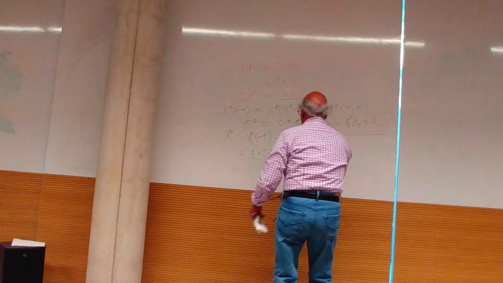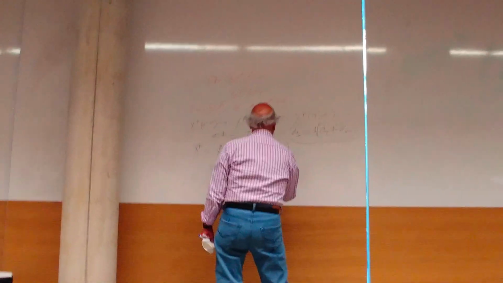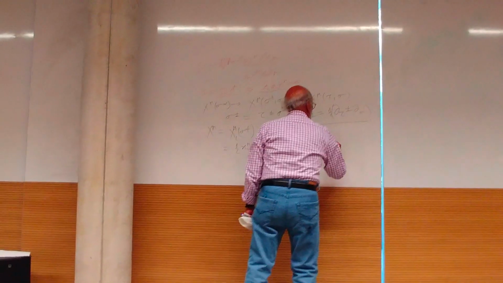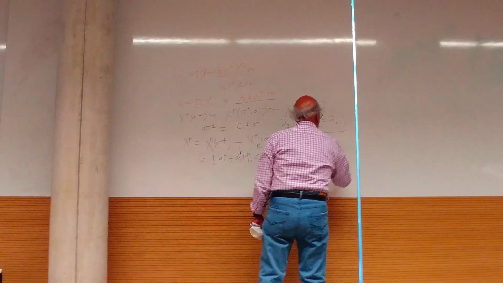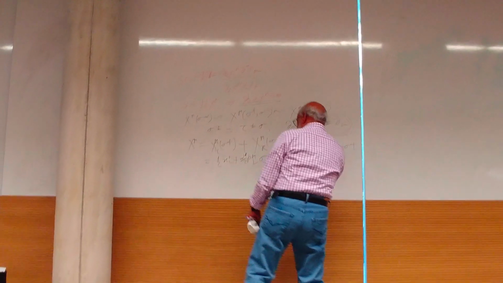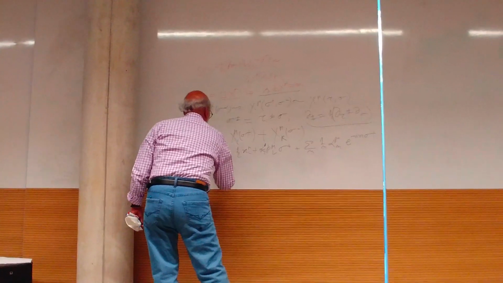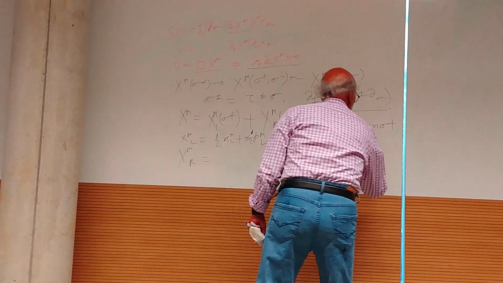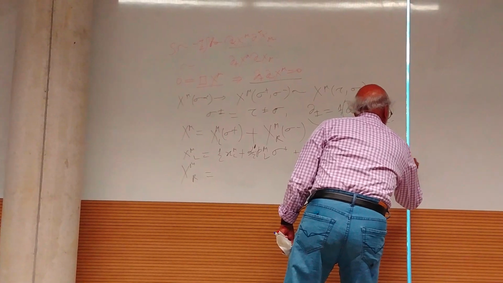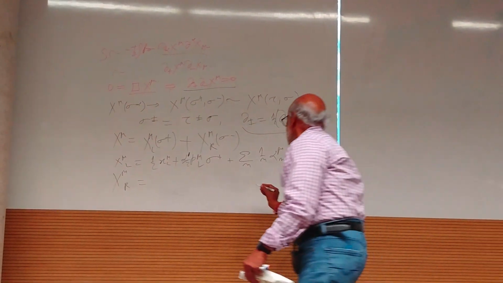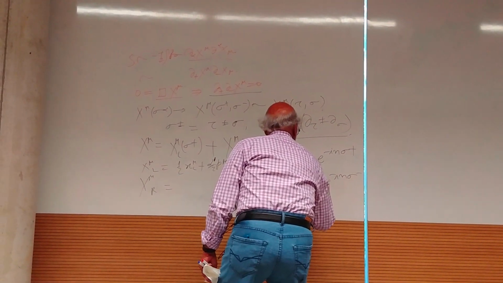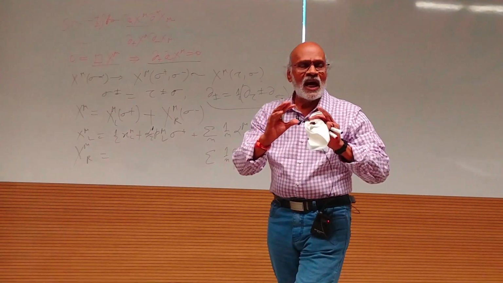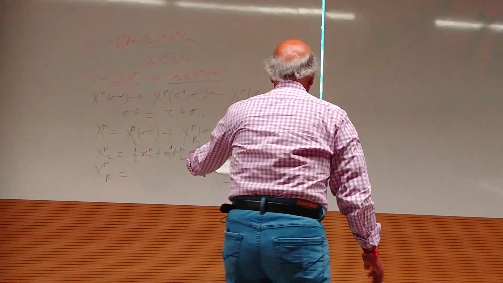We do not touch it any more. And similarly you write one for the X mu R, where you have sigma minus. So the alpha mu n and beta mu n are the Fourier modes of this X mu.